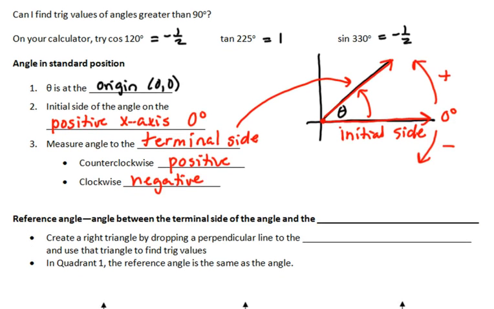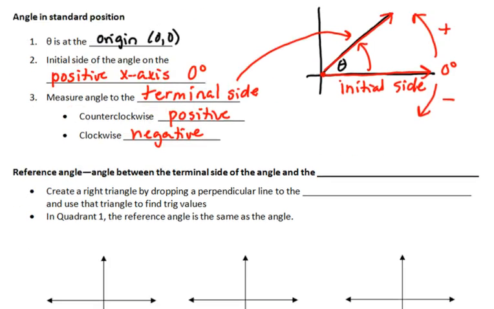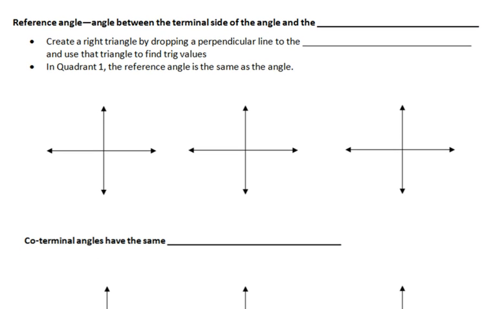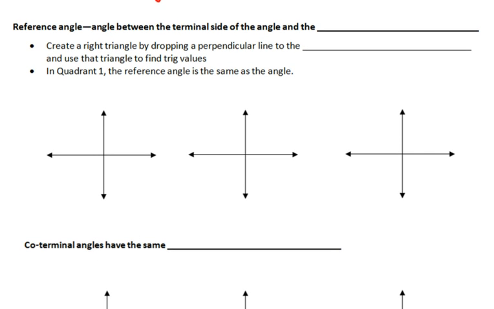This is our angle in standard position, and now we are going to talk about a reference angle. The reference angle is the angle between the terminal side of the angle and the horizontal axis, which you might be more familiar with as the x-axis.